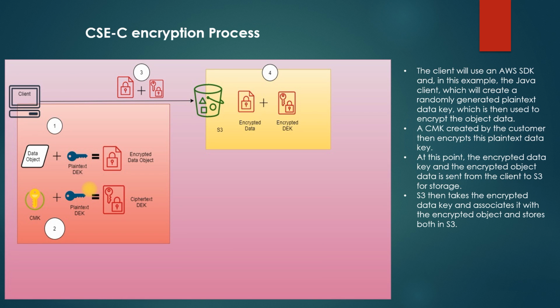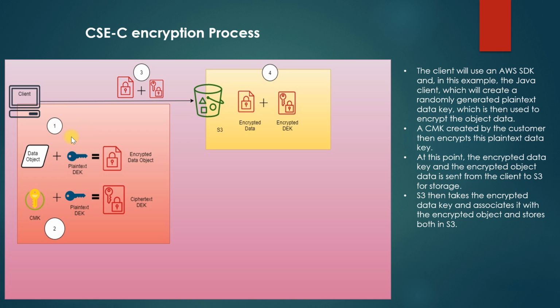So I think we will also be looking at one of the mechanisms for client-side encryption. There are basically two scenarios, and in this particular case, we are only covering client-side encryption using customer keys. So let's get started. You can see here that the client will use an SDK.